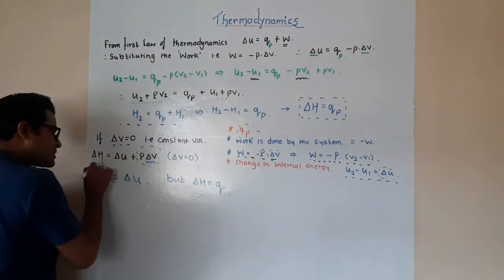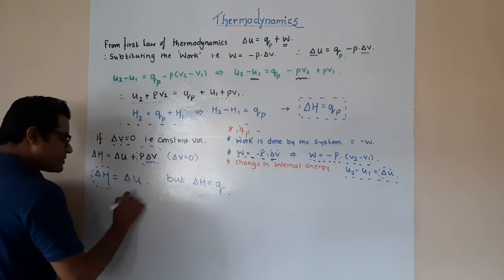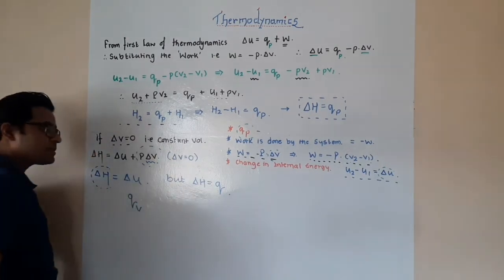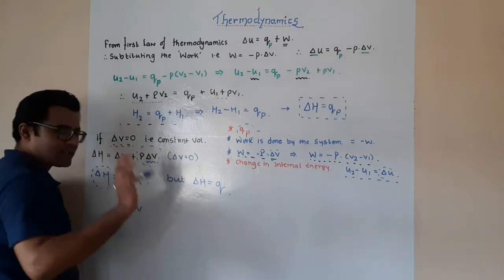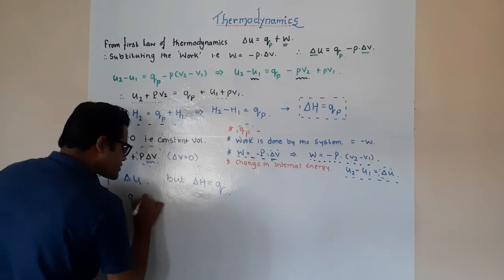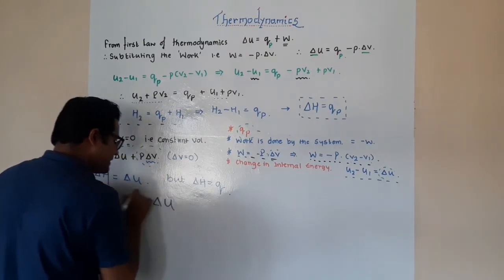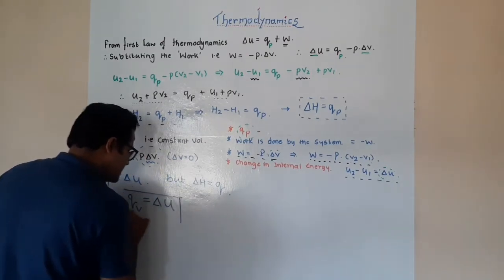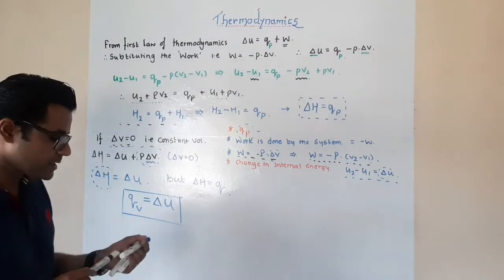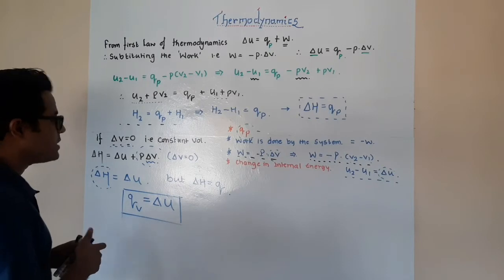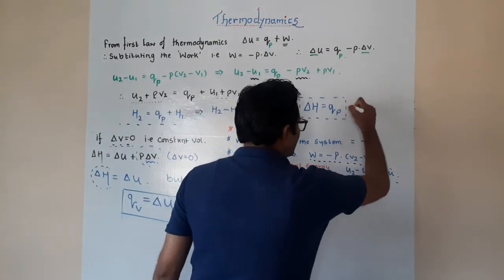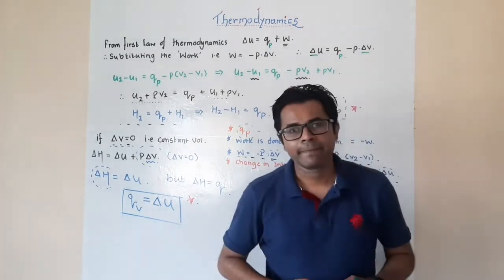So substituting by Q, but this Q is at constant volume. If you supply heat at constant volume, it directly changes the internal energy. These are the two most important points, and you need to remember both.